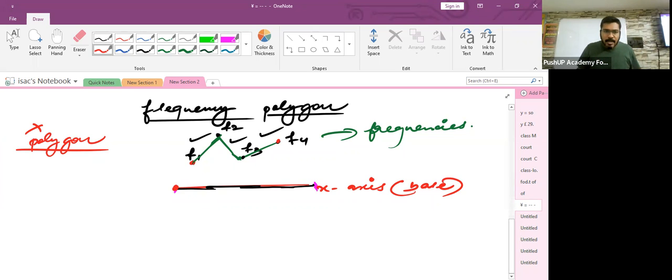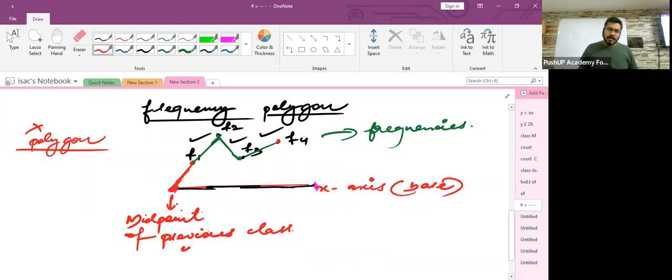This F1 should be connected to a point on the x-axis, which happens to be the midpoint of the previous class interval. Just make a note of this. Even if you don't understand, it's fine, because I'm going to show everything on the graph paper. This is just a rough work.